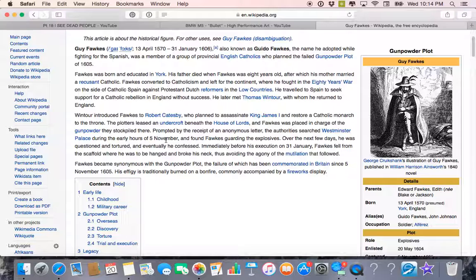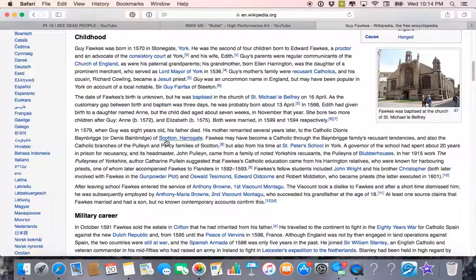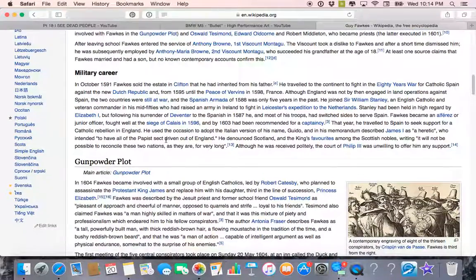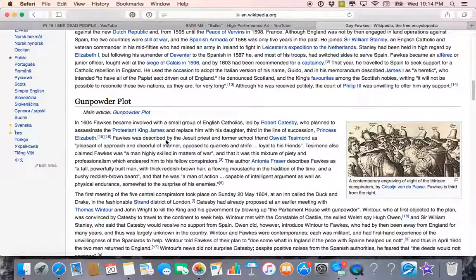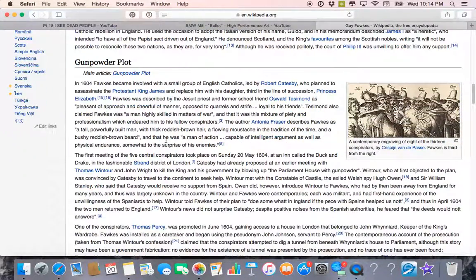They were going to blow up Parliament to usurp the power at that time and replace it with another power that they had all lined up. However, before this, in between, like the year that they were setting it up, see, he became involved in 1604, okay?